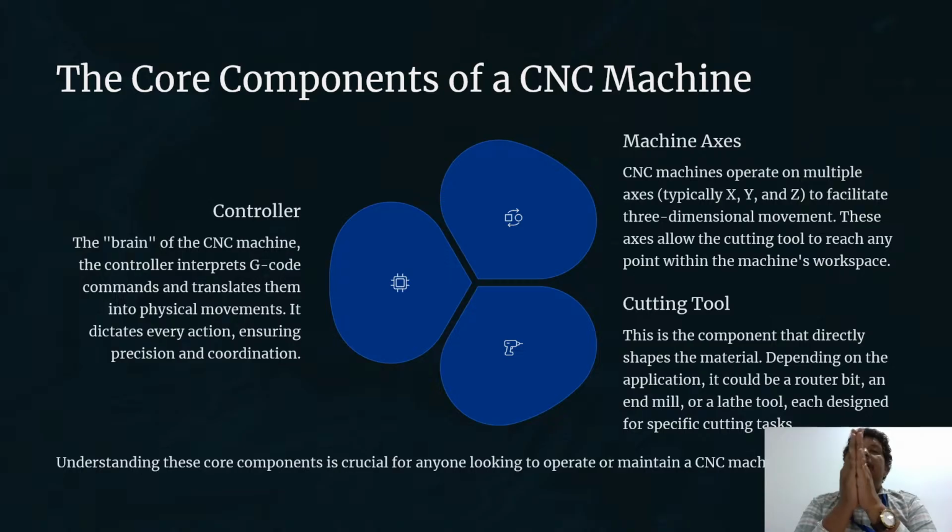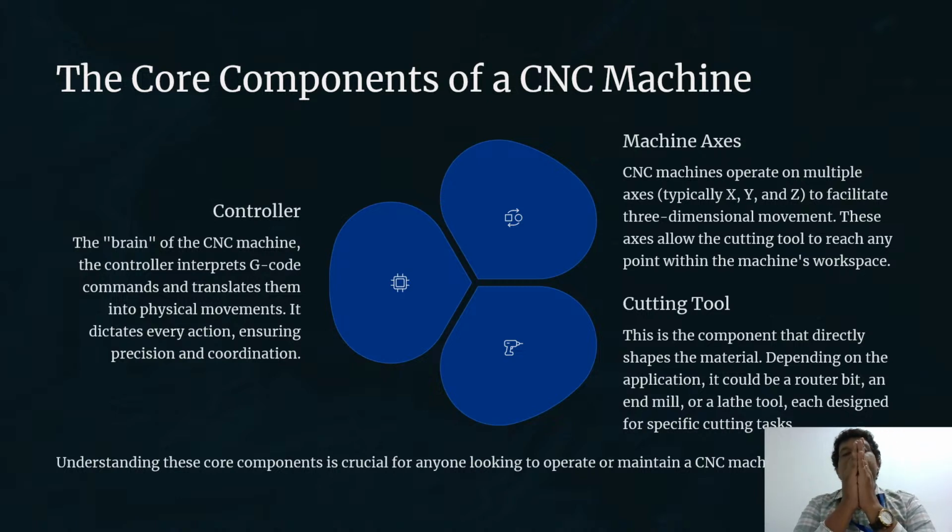These commands are translated into physical movement. G codes and M codes tell the machine what to do: go straight, go left, go right, go up, or turn on the spindle, turn on the coolant. All those things are controlled by the controller.